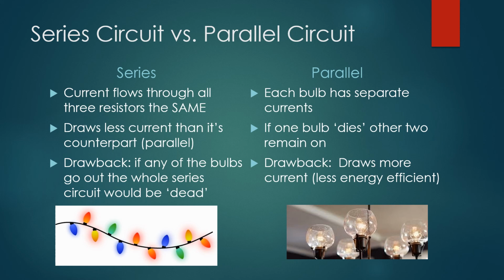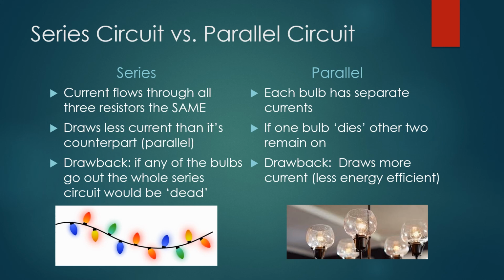So think of Christmas lights. Now they have ones that are on parallel circuits. They used to have them series, where if one light bulb went out, your whole string would go out. And that's because it was a series circuit. If you took out one of those resistors, the current couldn't flow anymore because it's the same current flowing through all light bulbs. So it would stop flowing through that entire circuit.